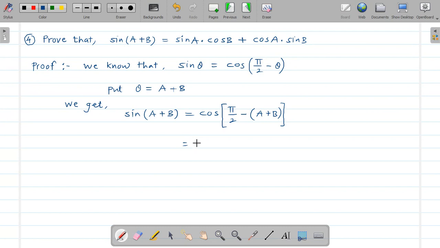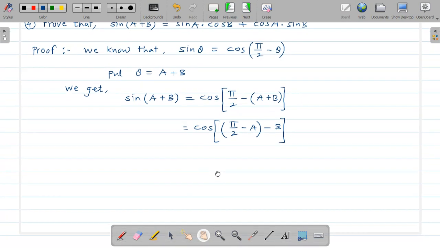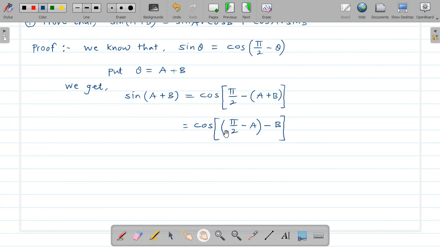Now it is equal to cos of, we will rewrite this as (pi by 2 minus A), keeping pi by 2 minus A together, and minus into plus gives minus B. Okay, clear up to this step. So we get cos of (pi by 2 minus A minus B).